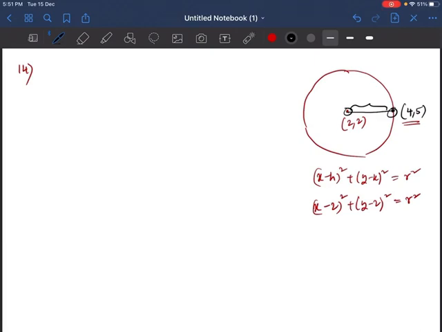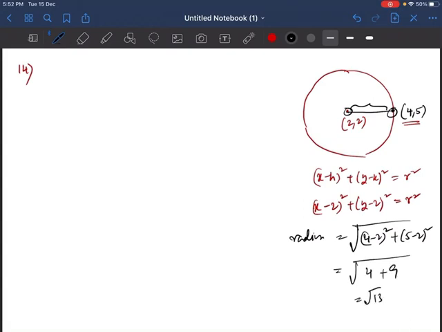The radius is the square root of (4 − 2)² + (5 − 2)². So 4 − 2 whole square is 4 and 5 − 2 whole square is 9. So root 13. You got the radius as root 13.